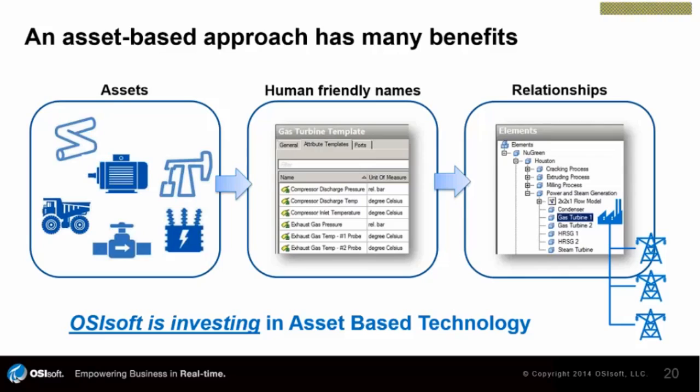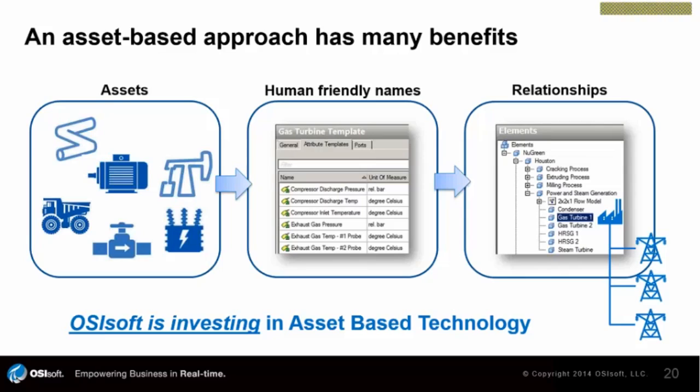As you can see in the middle of the slide, we have these properties that are written in such a way that they are humanly consumable, and that is consistent throughout the asset structure. As an example, it's much easier for users to understand compressor discharge pressure as opposed to a control system point name that no one seems to remember.